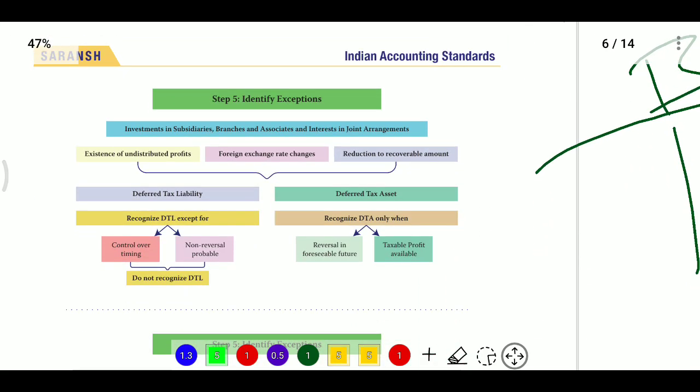After that, we talked about foreign exchange gains or losses. Whenever we have difference amounts, what can we do for the carry forward amounts, or where we recognize DTA in some cases?